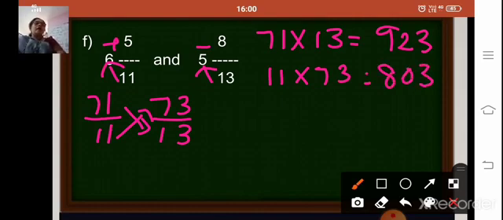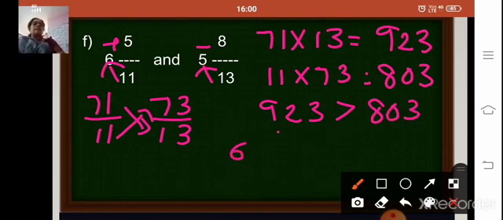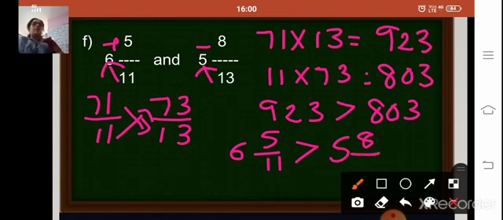Now here 923 is greater than 803. So you can say that your first fraction, that is 5 upon 11, is greater than 8 upon 13.